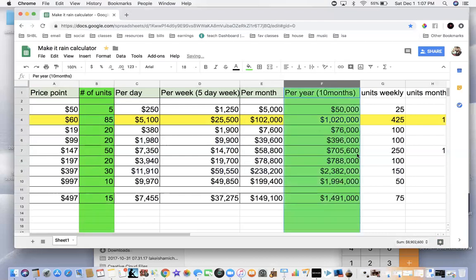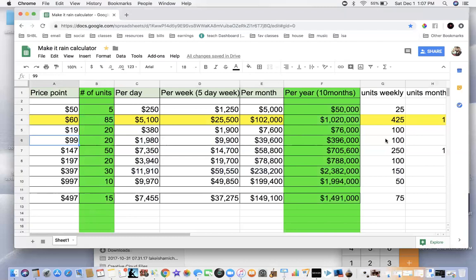So if I say in 2019, I want to make $396,000, and let's say my price point for my product is $99, then I need to move 20 units a day, 5 days a week, which puts me at $39,000 a month, which puts me at $300,000 a year.